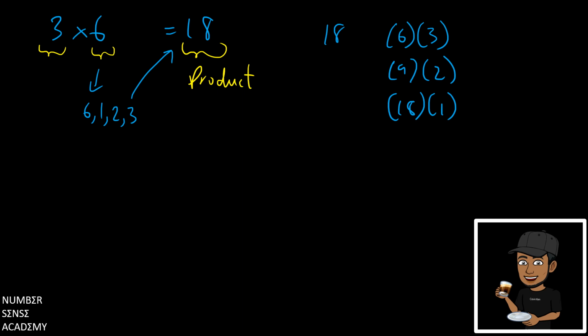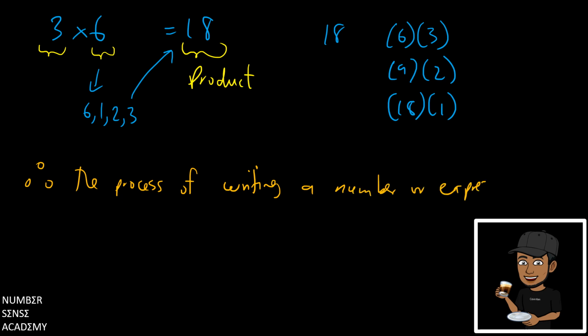Okay, so the formal definition of factoring would be the process of writing a number or expression as a product of its factors.